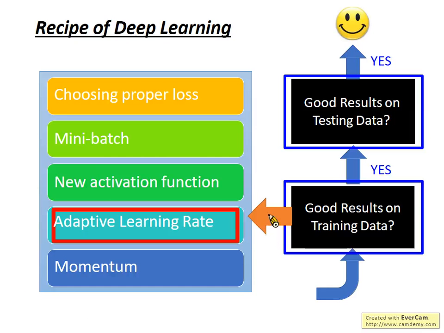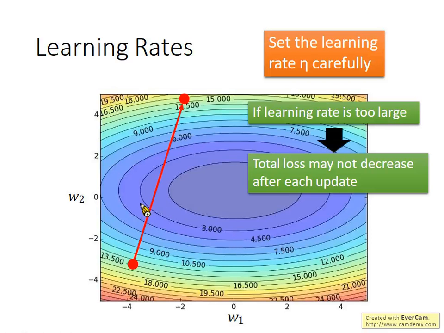The fourth tip of increasing the training accuracy is called adaptive learning rate. So what is learning rate? Let's go back to the gradient descent algorithm. Initially we start from one point, and this point represents a set of parameters we use in the neural network.